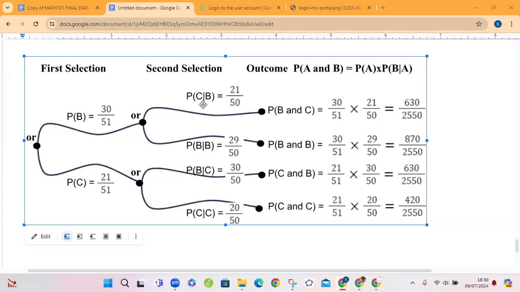So when you see this vertical line, you've got to say if. So if it's a berry that was selected, there would still be 21 cherries remaining, because it would have been a berry that was eaten. Remember the word I'm speaking, conditional: if it was a berry. And there would still be 21 cherries. So cherry if berry is 21 over 50, the probability thereof.